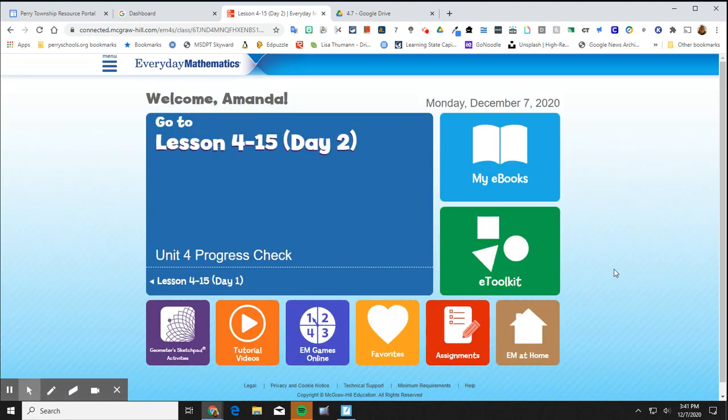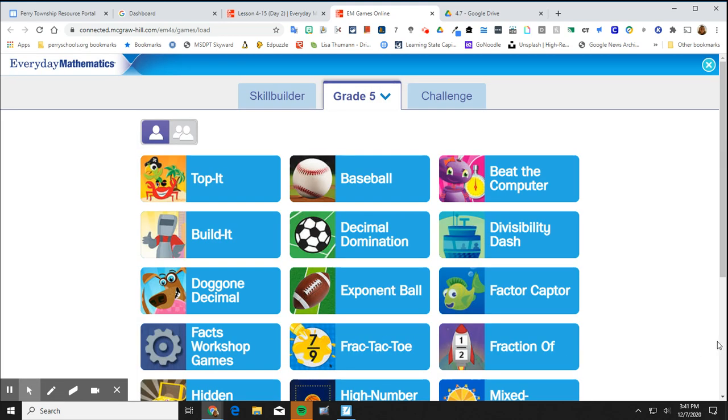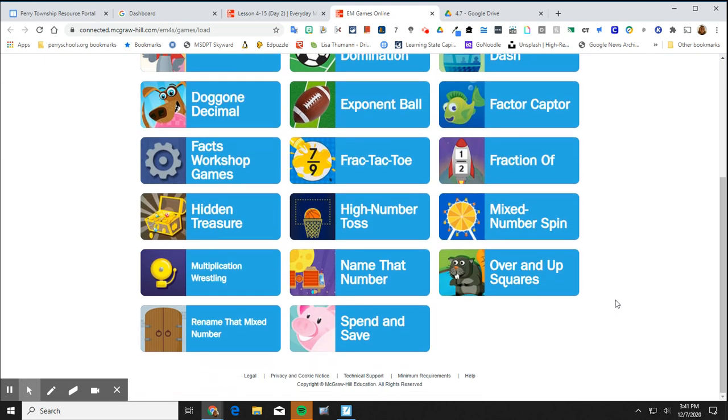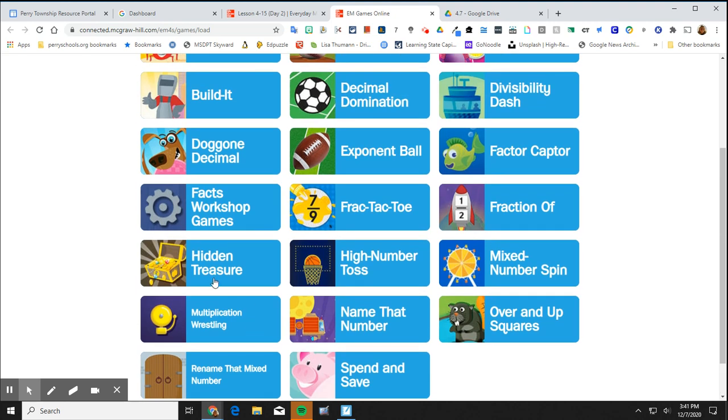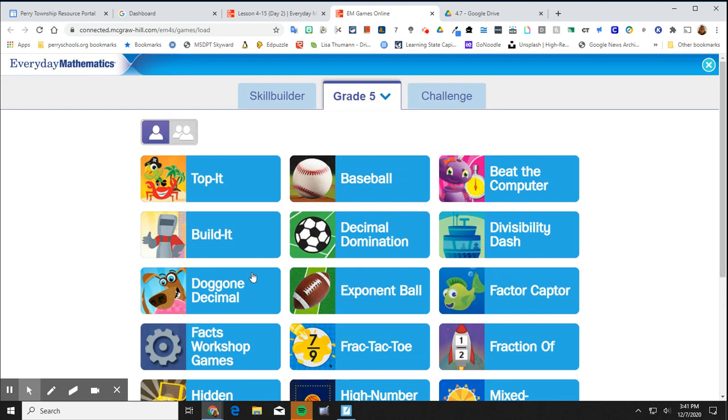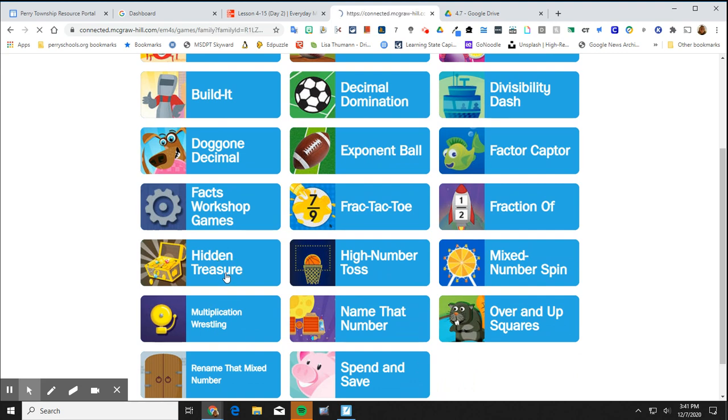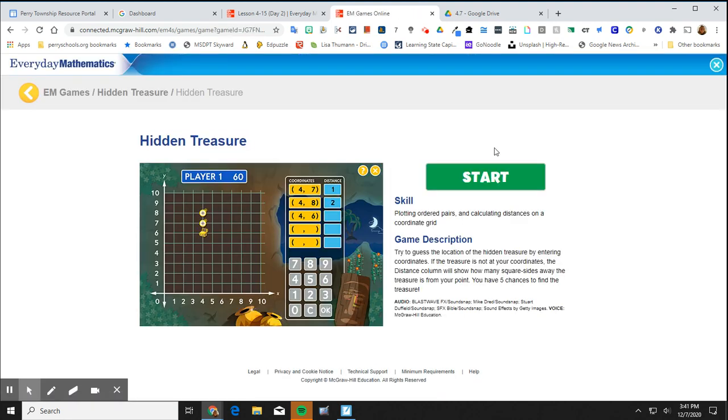Okay, so remember, when you're here, you're going to go to Everyday Math Games Online. And this one is called Hidden Treasure. It's right here. So it's on the main page of 5th grade, and you're going to click on Hidden Treasure. You have to click it a couple times. So we'll go ahead and start.